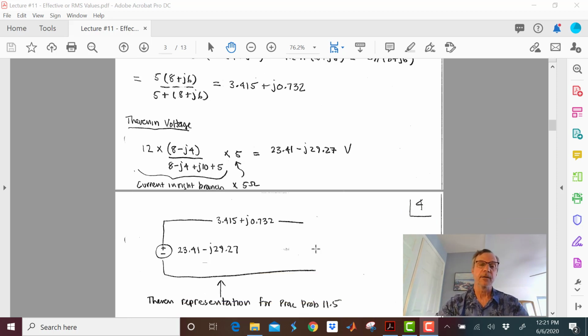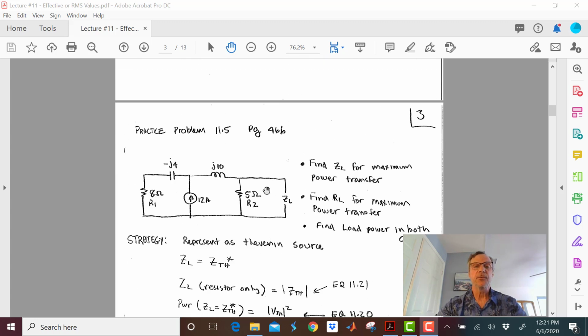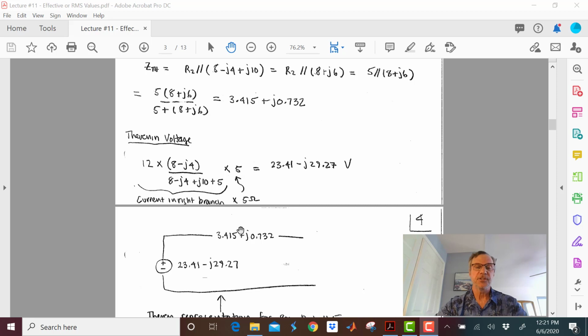But bottom line is, when we're done, we have the Thevenin representation for this problem. Or in other words, to the left of the line that I'm drawing here, I can represent everything over here by this.